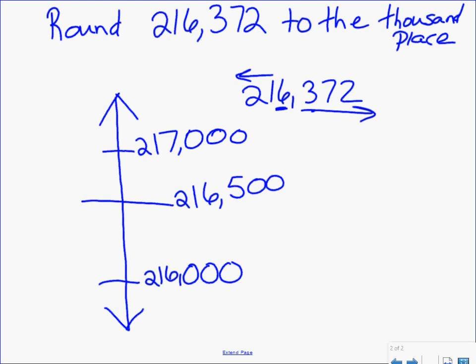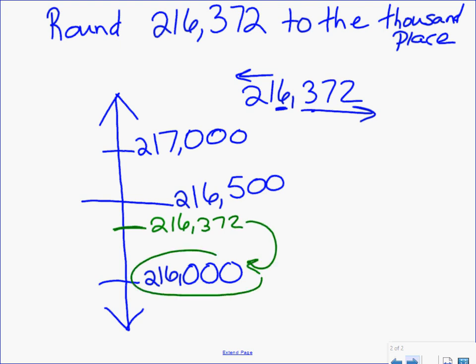Now, I'm going to look at my original number, 216,372, and compare it to my middle number. It's less than, so I'm going to write it down here, and it's going to round down to 216,000.